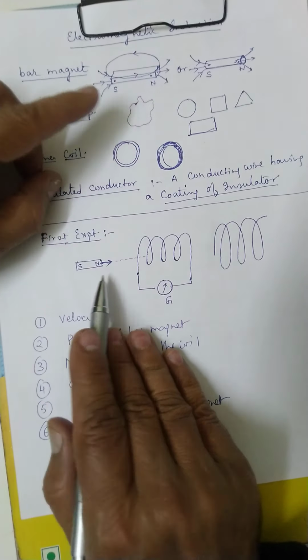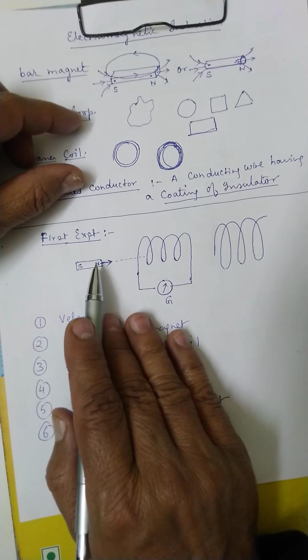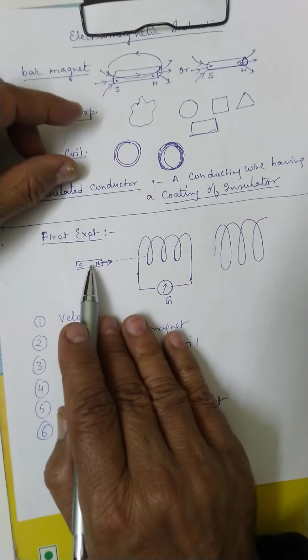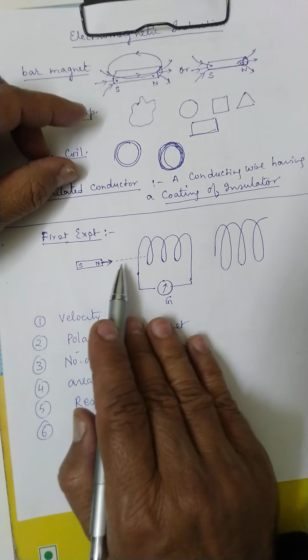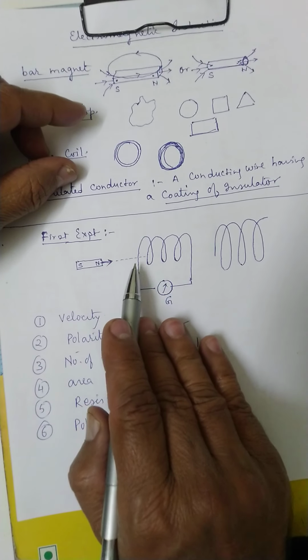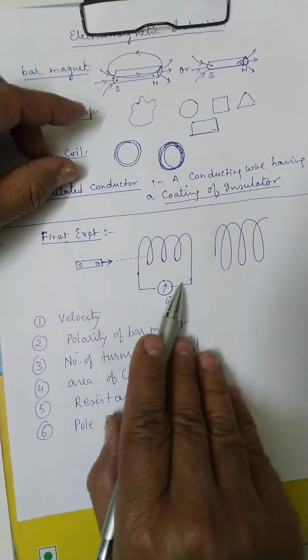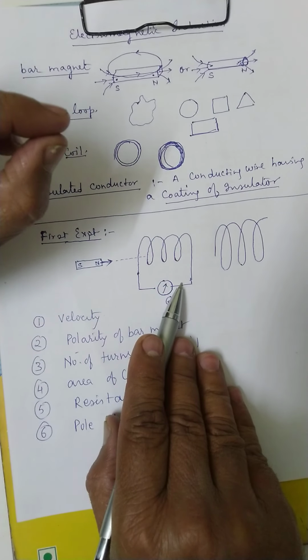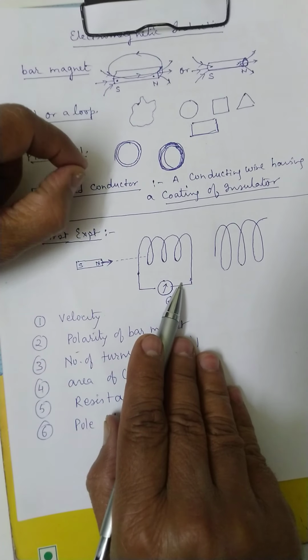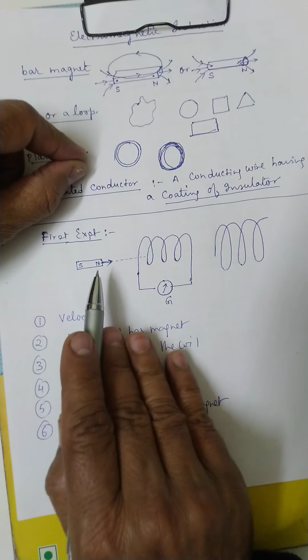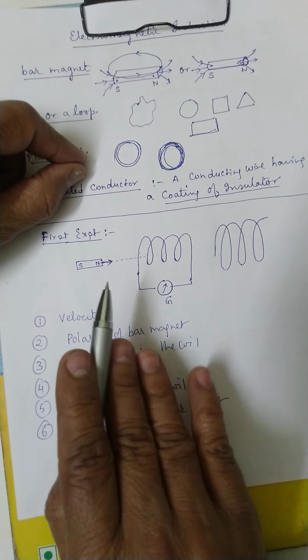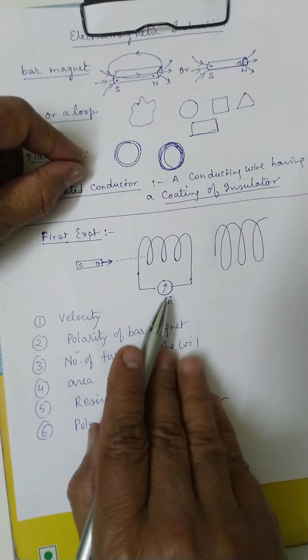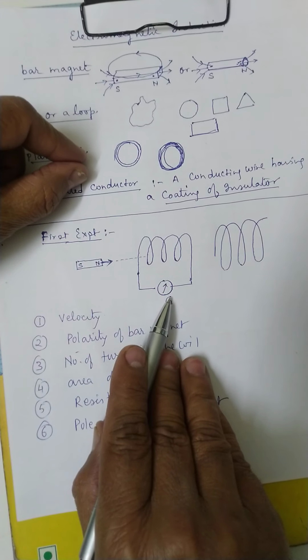So you must learn. Many students think that as the bar magnet is coming closer and closer to the coil, the deflection keeps on increasing. This is a false concept. Until the velocity of the bar magnet remains constant, the deflection remains constant.